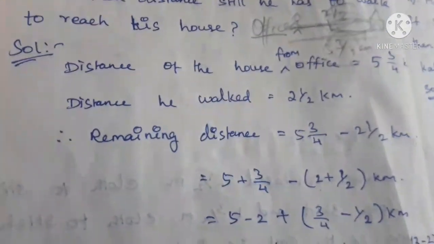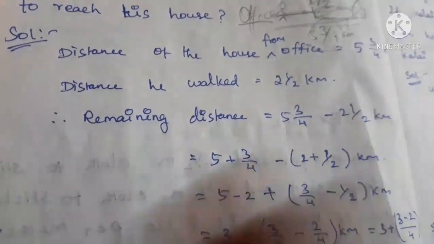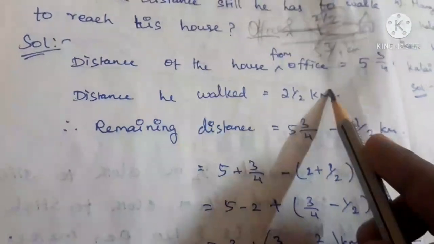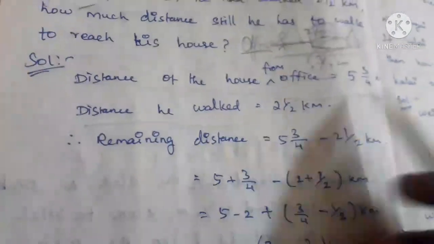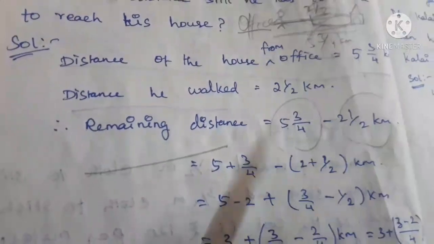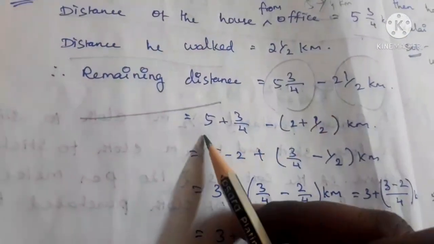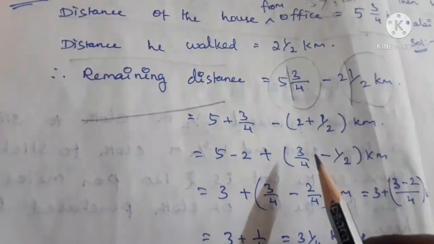How to do that? First you should convert everything and arrange everything. So the distance of the house from the office is nothing but 3 by 4 kilometer. The distance he walked is nothing but 2.5 kilometer, and the remaining distance is nothing but the total minus the walked distance. We are separating the whole number and fraction here, and here also the whole number and fraction.